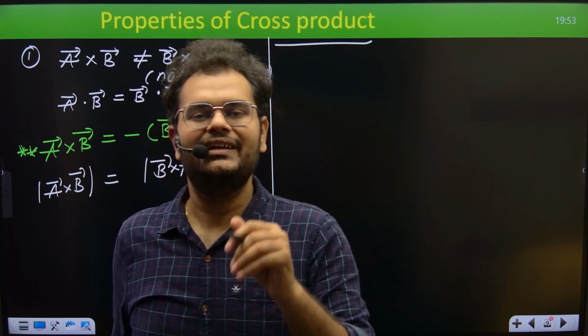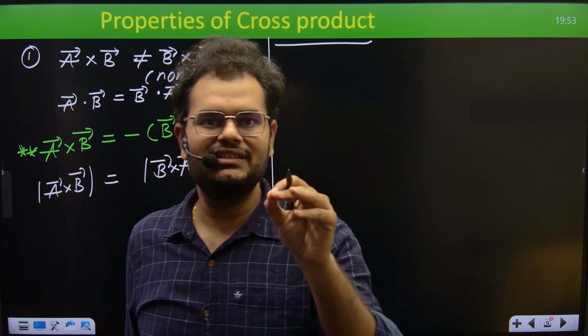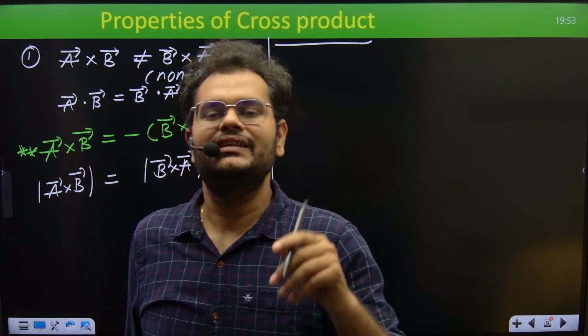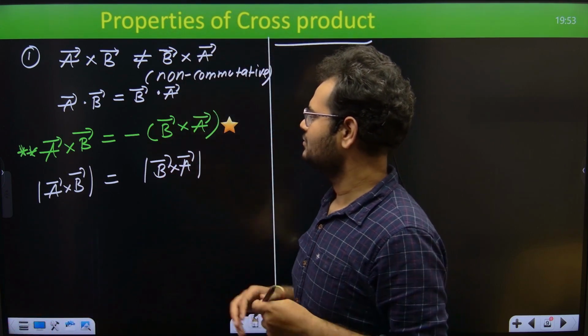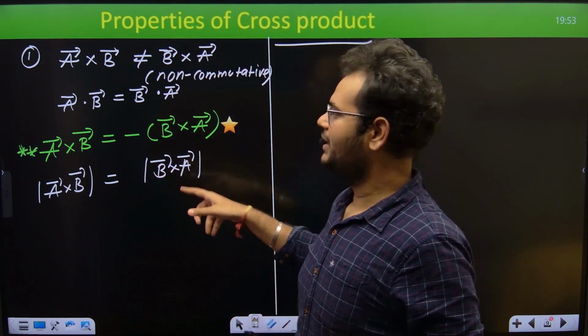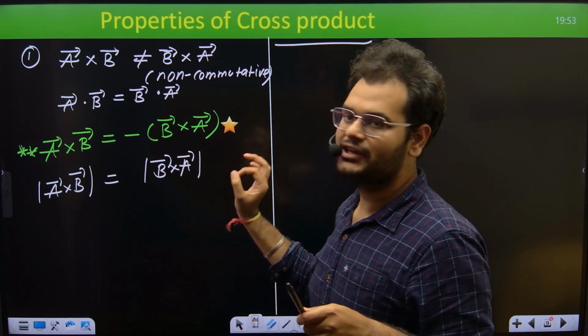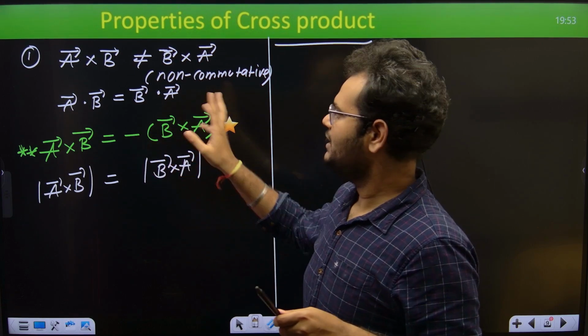AB sin theta. Is A changing? Is B changing? No. Is theta changing? Theta is changing, but that is in the negative. But what do we have to do regarding the negative in magnitude? So it is the same. So the magnitude of A cross B is equal to the magnitude of B cross A. Okay, but in direction they are opposite.